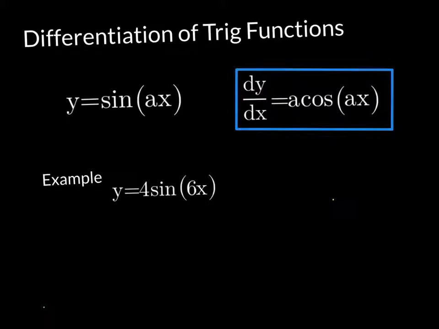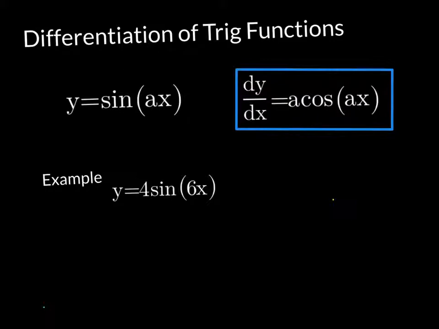Now let's think about differentiating trig functions. First we'll think about a sine function. Let's say that we have y equal to the sine of ax. Again, a is just some coefficient, some arbitrary number. And the differential of this function, dy by dx, is equal to a cos of ax.